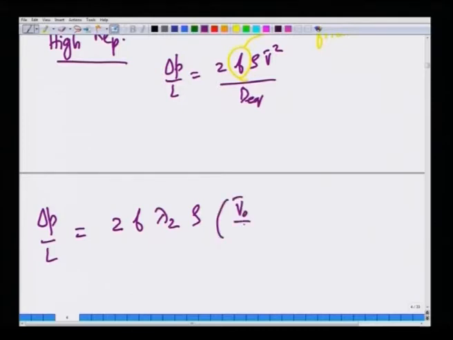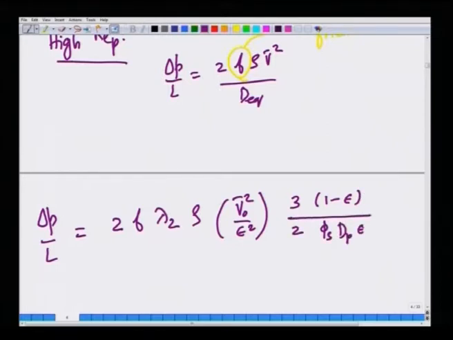Instead of V, I am going to write V naught squared by epsilon squared, and instead of d equivalent, I am going to write the expression we already derived for the equivalent diameter. The equivalent diameter is nothing but 2 by 3 phi s dp epsilon divided by 1 minus epsilon. That is all I am trying to write here.